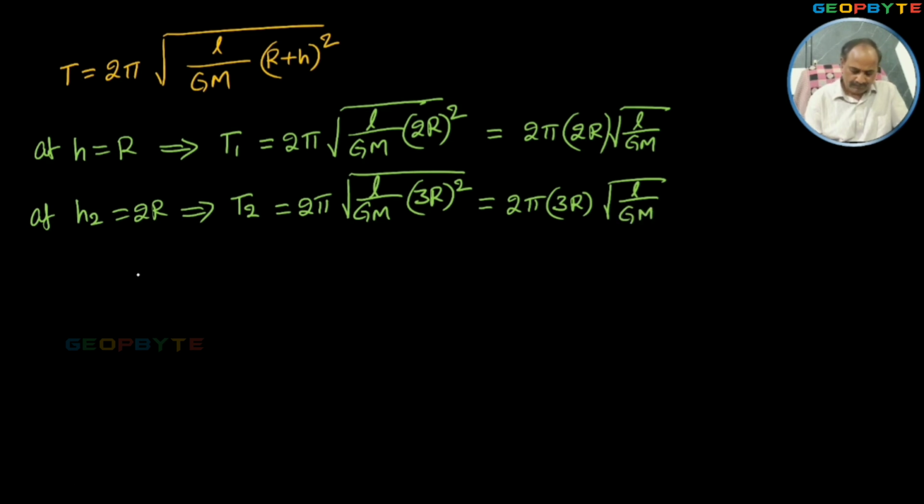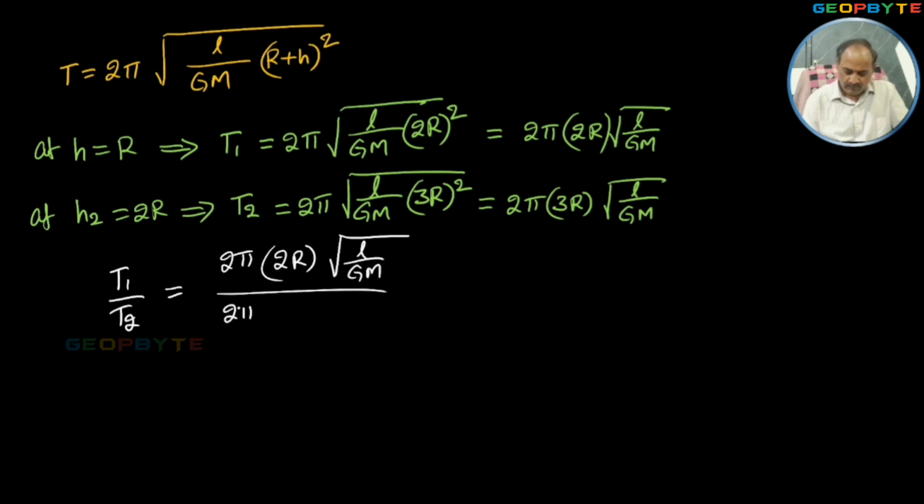Therefore, T1 by T2 is equal to what? 2 pi into 2R into root under L by Gm whole thing by 2 pi into 3R into root under L by Gm.